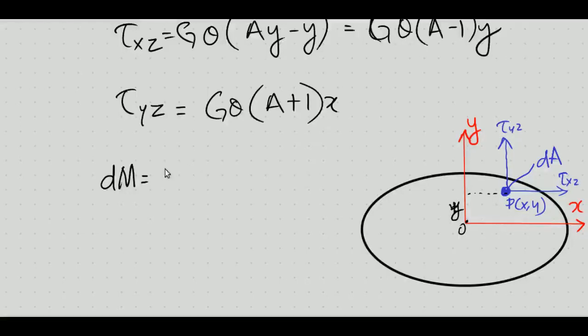So it is minus tau xz into dA into y, and due to the stress tau yz the force will be tau yz into dA. Due to this force, the moment will be tau yz into this distance x, and that will be in the anti-clockwise direction, so that is positive.